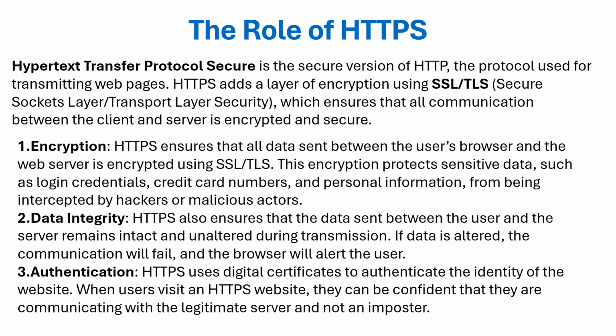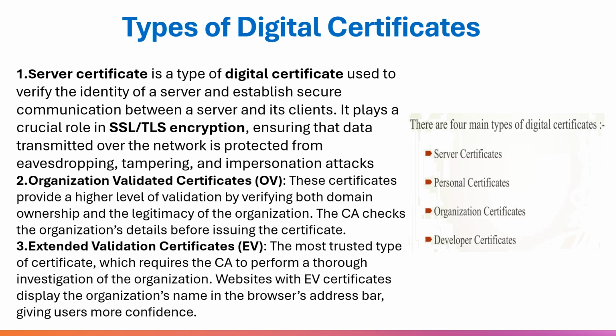The third role is authentication, where HTTPS uses digital certificates to authenticate the identity of the website. When users visit a secured website, they can be confident that they are communicating with the legitimate server and not an imposter.